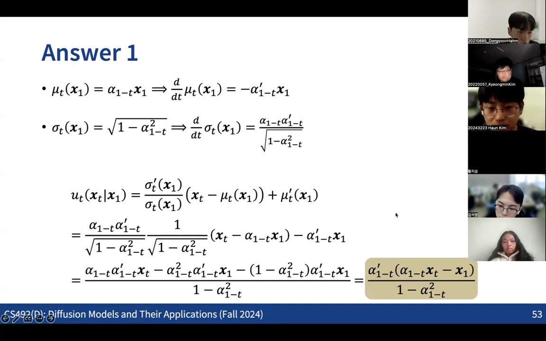Did everyone get this result? By taking the derivative of the mean and the variance function here, we can rewrite everything. Then we can simplify this conditional vector field into this form.